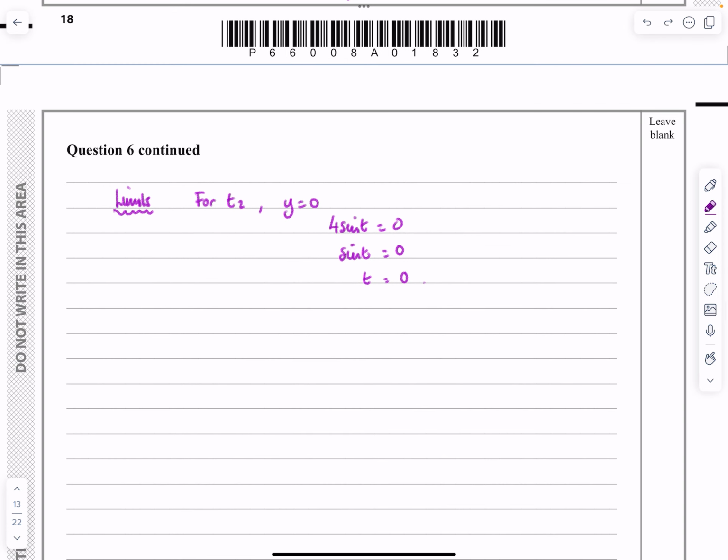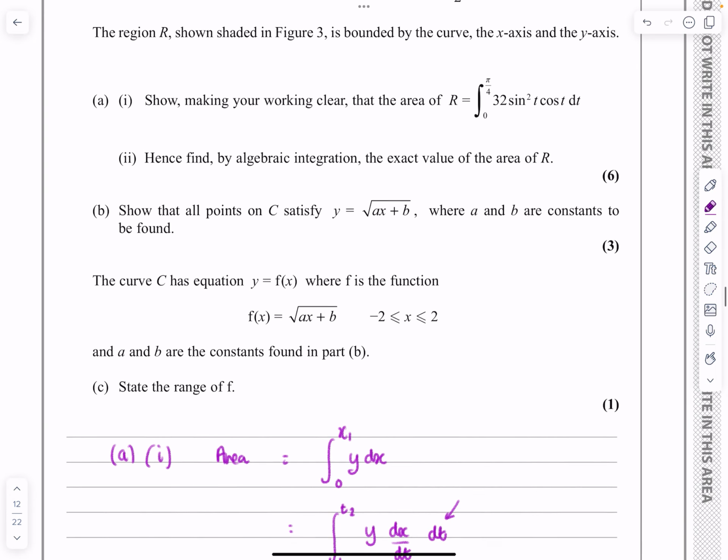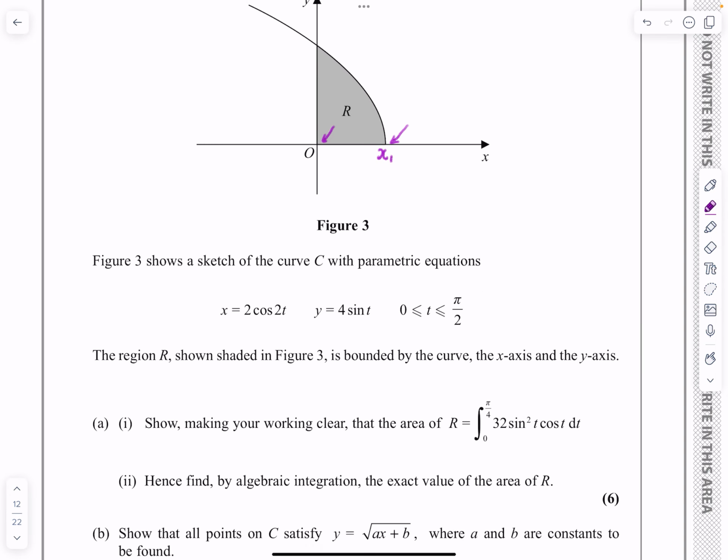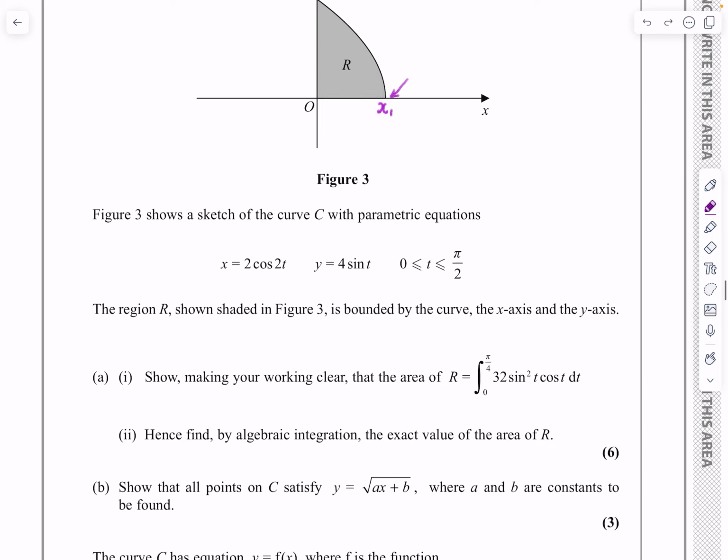Okay, let's see if I can find t1. So for t1, that's going to be this one here, and that's simply going to be when x equals 0 this time.